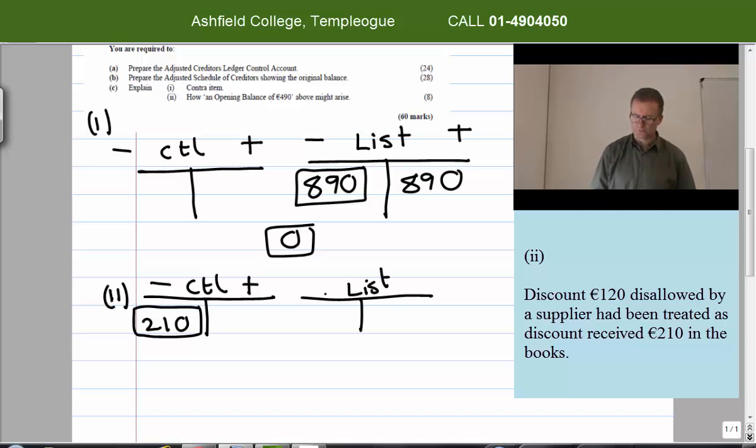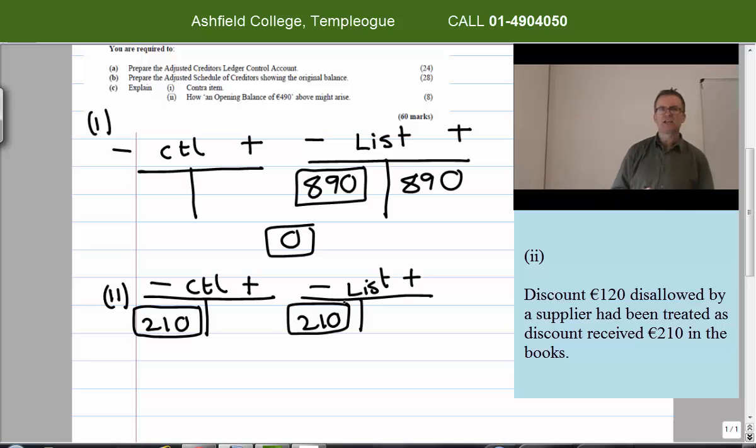On the other side, we've got the list, the minus and the plus, and I put €210 in a box representing discount received. Discount disallowed, on the other hand, is going to cause us to owe €120 more, so my target figure is a plus 120.